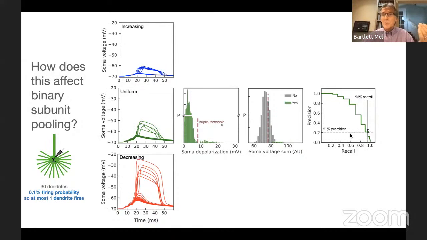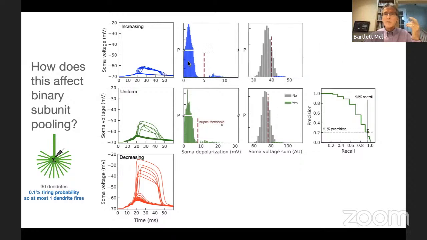But if we put the threshold there, then we're going to get 21% precision, meaning that almost 80% of the time when we say, yes, that was a yes case, we're wrong. Okay, so this is abysmal. The neuron would be essentially incapable of performing a binary subunit pooling task in this situation, because we can't tolerate 21% precision. We want like 90% precision or something like that.